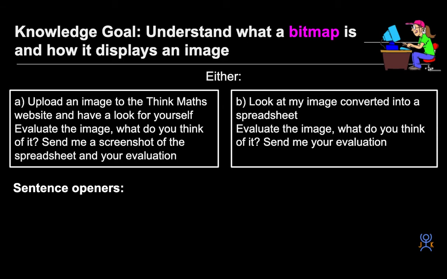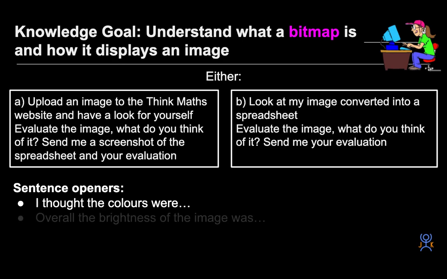With the evaluation, some sentence openers you could consider are, I thought the colours were, and then you can describe how you thought the colours were. So maybe compare the original image to the spreadsheet version of the image. You could say things like overall the brightness of the image was, and you can kind of see that from mine.